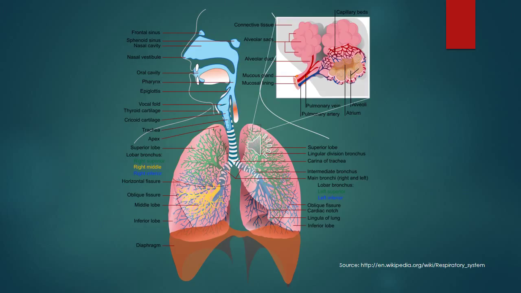Once the air goes through those two cavities, it goes through the throat, or the pharynx, and then from the pharynx down into the trachea and windpipe. Further down below the throat you'll see the term trachea, which we also commonly call the windpipe. It's a cartilage-type tube that has a lining with hair-like features called cilia.